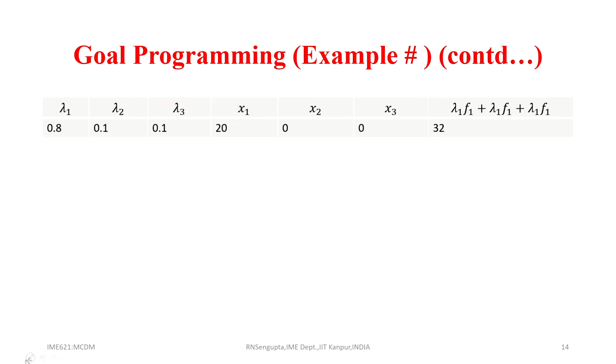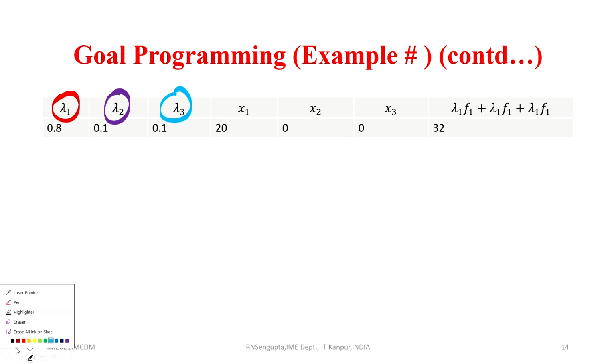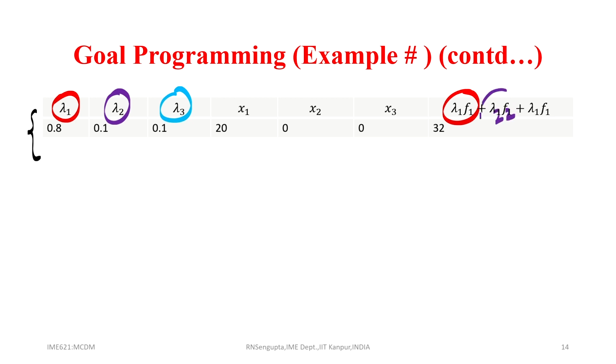Finally, for lambda 1, lambda 2, lambda 3 given in column 1, 2, 3, and obviously the sum is 1. The objective function is lambda 1 into f1 plus lambda 2 into f2 plus lambda 3 into f3.